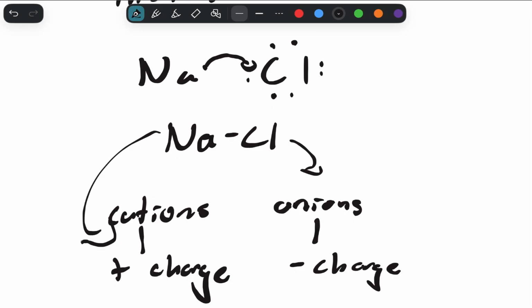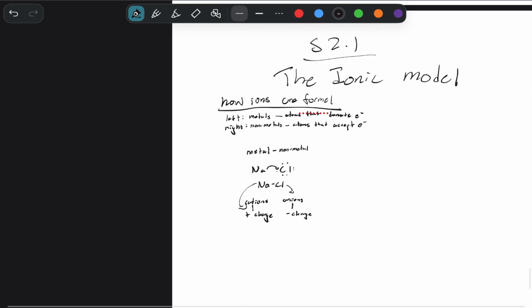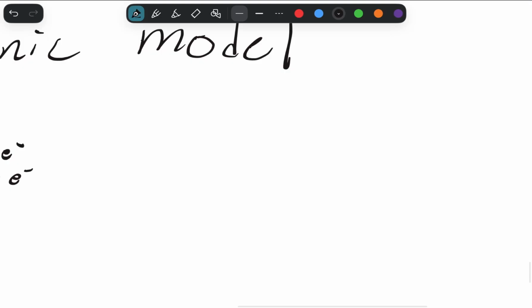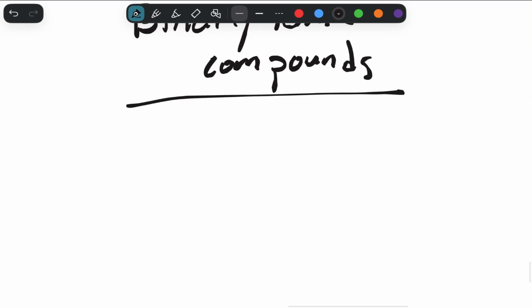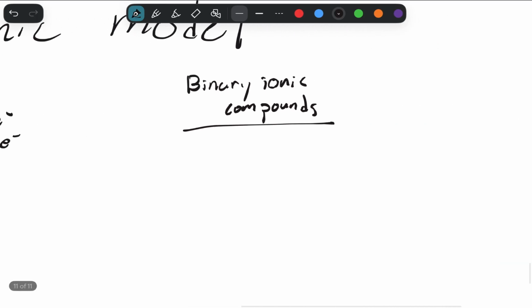Next thing you have to know are binary ionic compounds. Let's write this better. What this is, it's just an ionic compound.